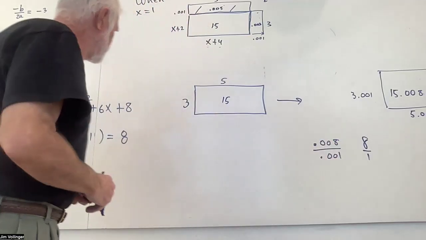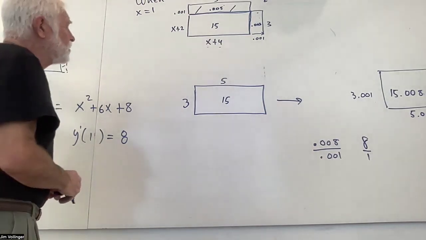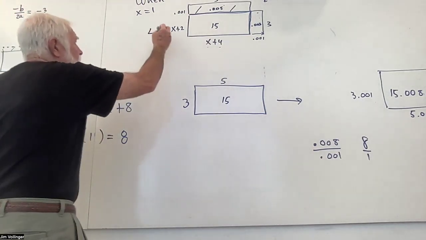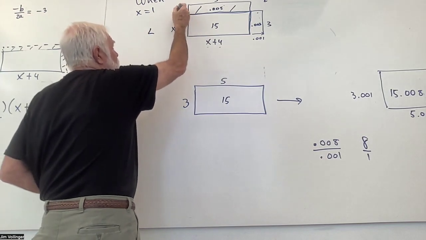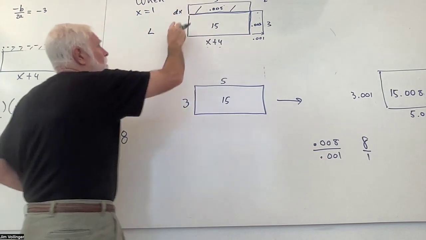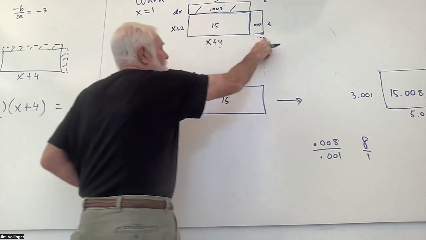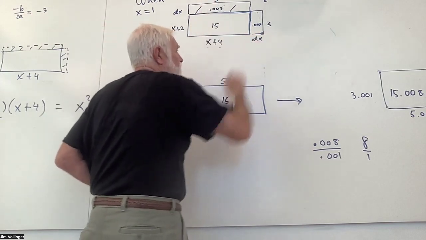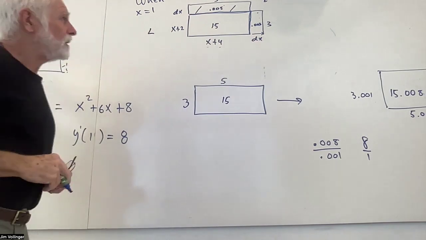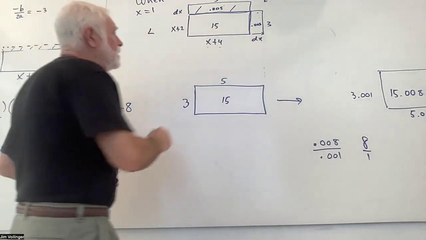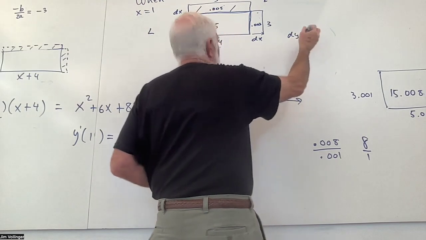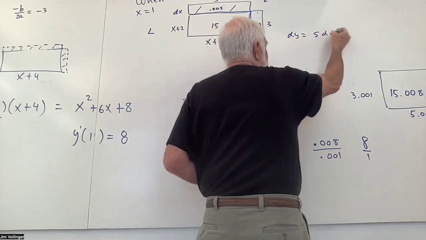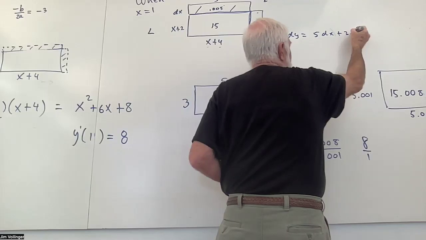And so what did we really do? Well, we changed the length. If this is L, then we can think of this as our dx, our change in x, times 5. And over here, change in x, a little difference in x, 0.001. And we can see that our change in y is coming from 5 dx in this instance and 3 dx.